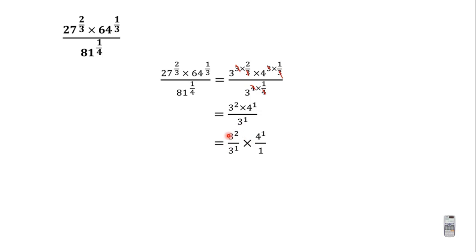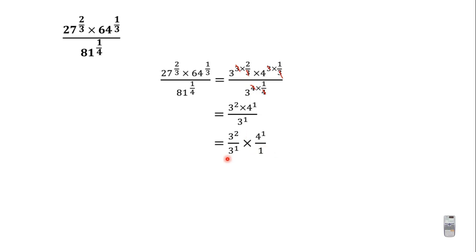This can be written as 3 exponent 2 divided by 3 exponent 1 times 4 exponent 1 divided by 1. So it's like we have 3 exponent 2 times 4 exponent 1 as the numerator, then 3 exponent 1 times 1 as the denominator. So it's the same thing. We haven't changed anything.